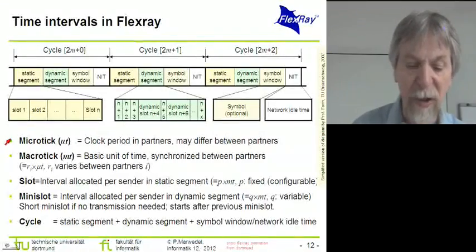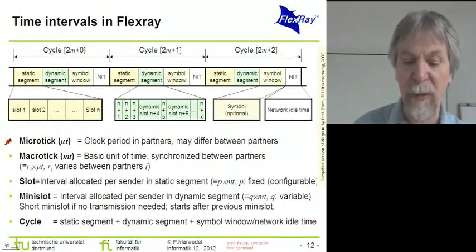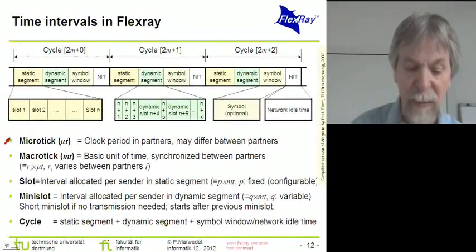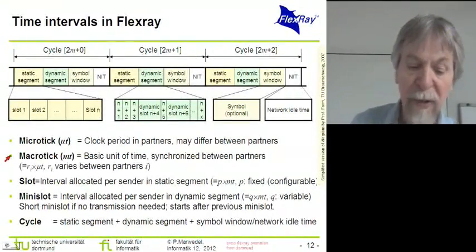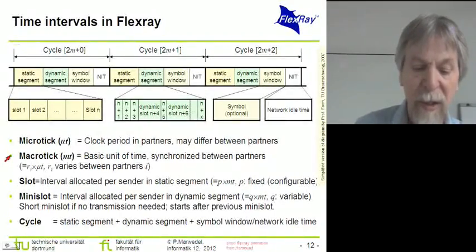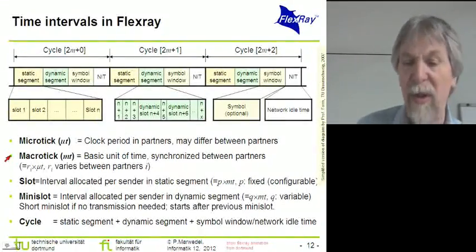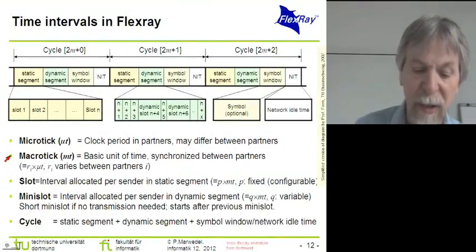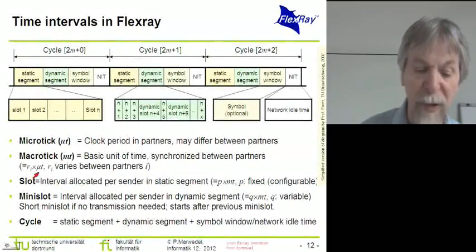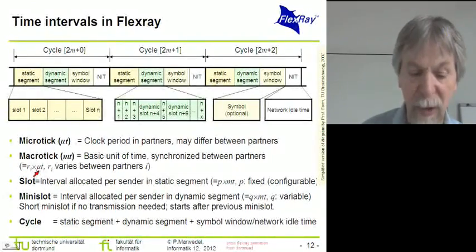So for each node, we can have a different microtick depending on the frequency of the local clock. Then based on the frequency of the local clocks, we define a common interval that is to be used by all the different components, which is a multiple of the local clock frequencies.